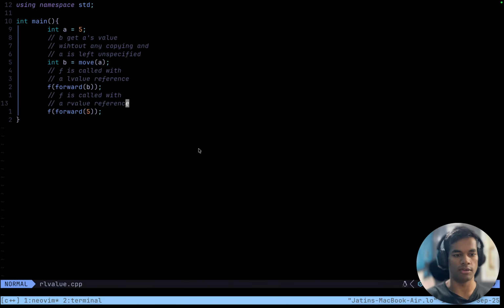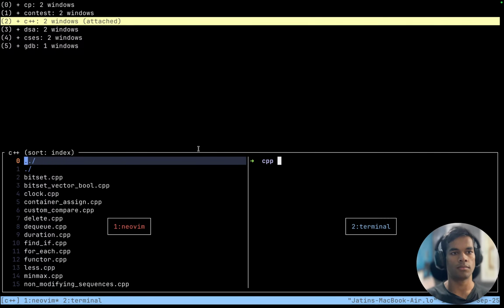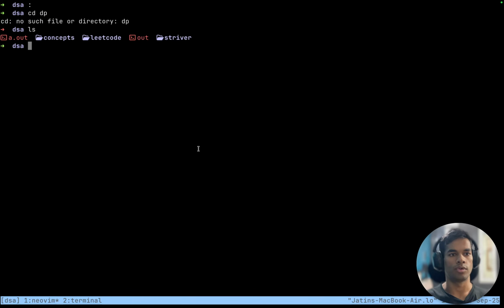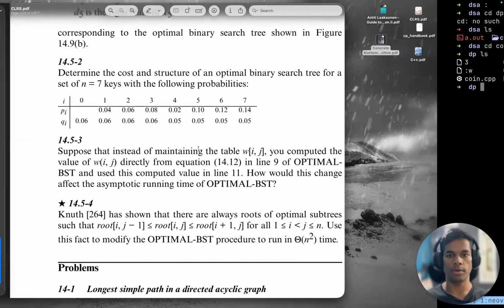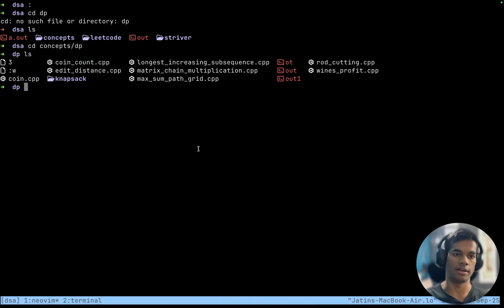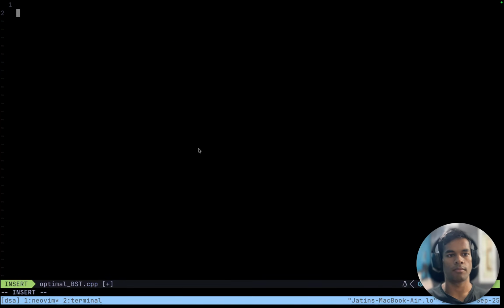Okay, let's write some code. CD, DS, and DP. What do we have? Concept, DP, dynamic programming. And we are writing code for finding the optimal binary search tree, optimal bs.cpp.